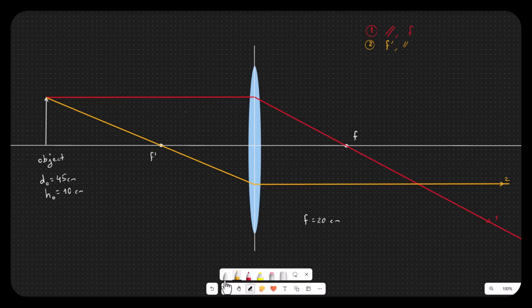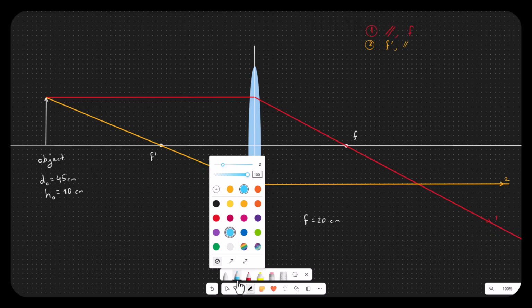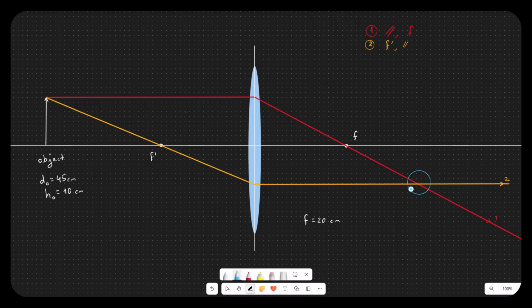And what I see is that they intersect right here. So I'm going to draw the tip of my arrow right at that location, which is here. This is my image.